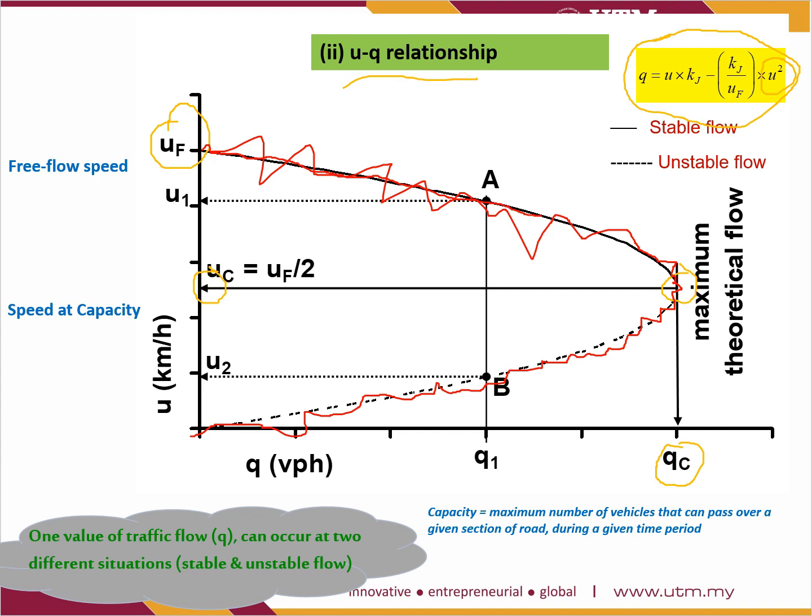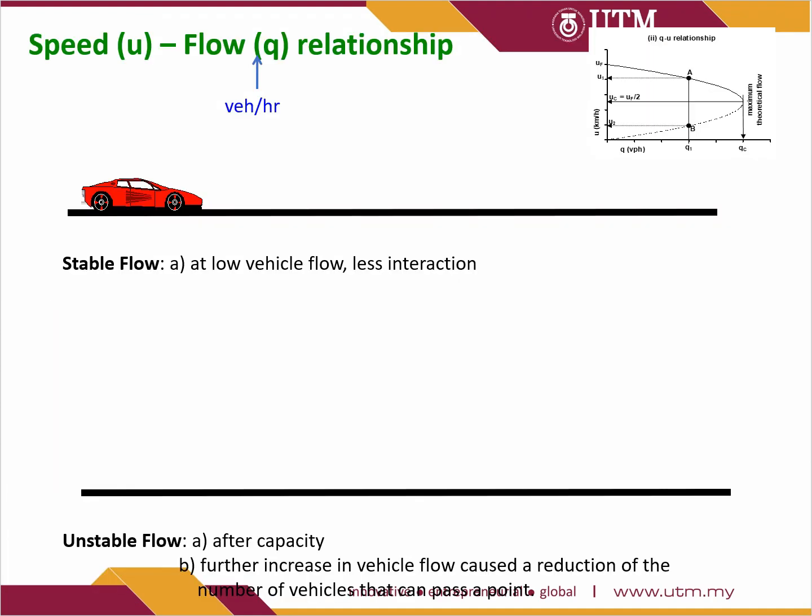The next one, we take a look at the speed-flow relationship. During the stable flow it is very fast, and then during the unstable flow you find that the cars increase.